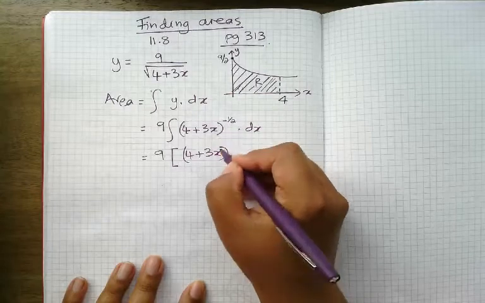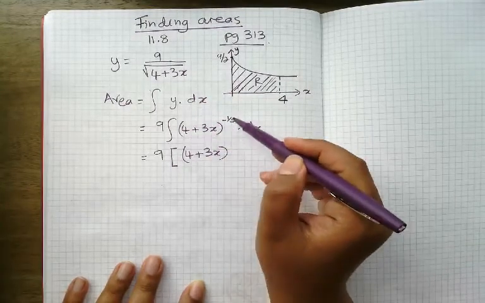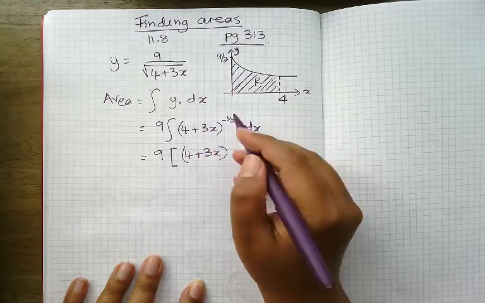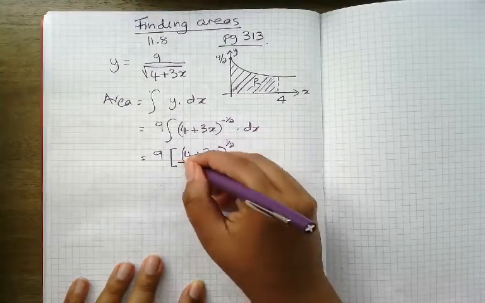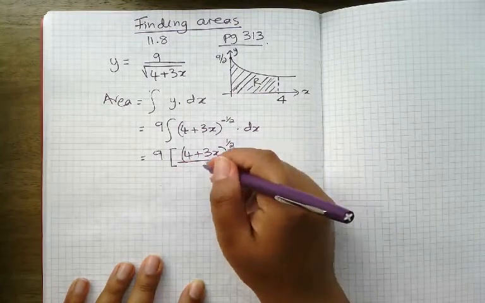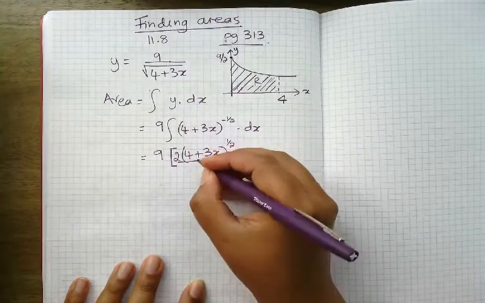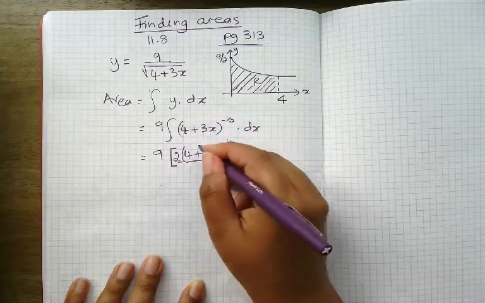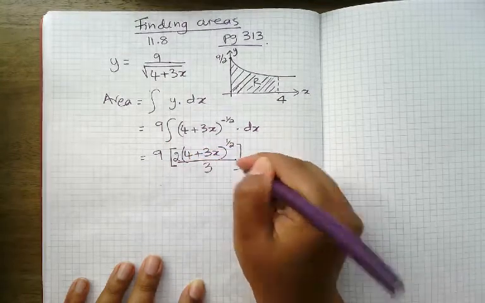So basically what we've got here is a function inside another function. So what we do is we just add 1 to this power. You're going to have a half, and you're going to divide it by the new power. So if you're dividing by half, you're essentially multiplying by 2, and then you'll also divide by the derivative of this inside function, and that derivative is 3. And there we have it.